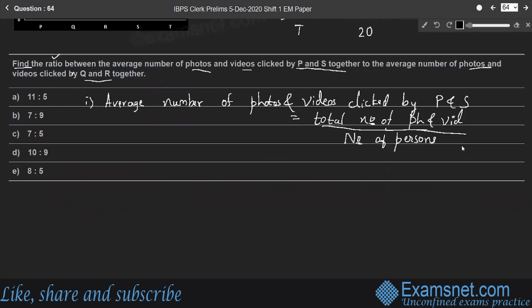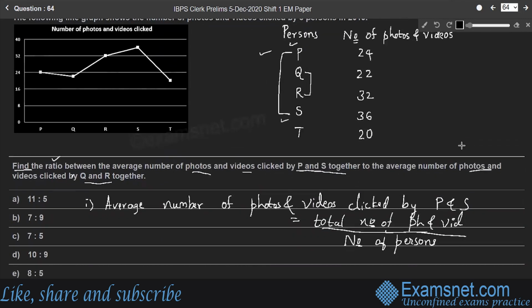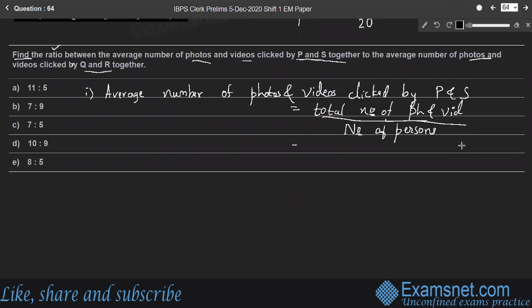Total number of photos clicked by P is 24, by S is 36, right? 24 plus 36 divided by 2. Number of persons is 2, P and S, right? So 24 plus 36 is equal to 60 by 2, which is 30.